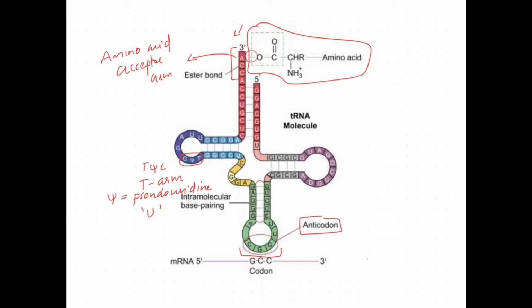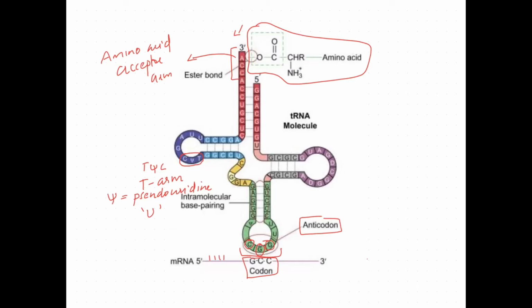The anticodon arm is the arm which contains the triplet of nucleotides complementary to the bases of the codon. You know, mRNA has codons. These codons are recognized by tRNA, and those tRNAs which recognize these codons bring the amino acid to the site of protein synthesis.